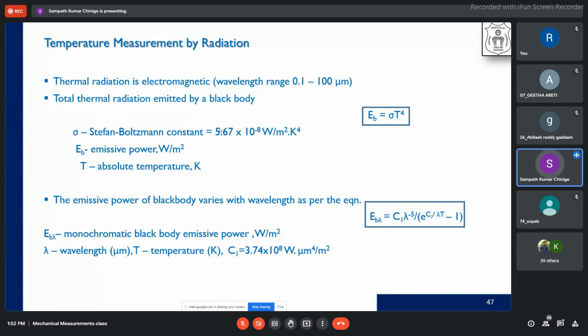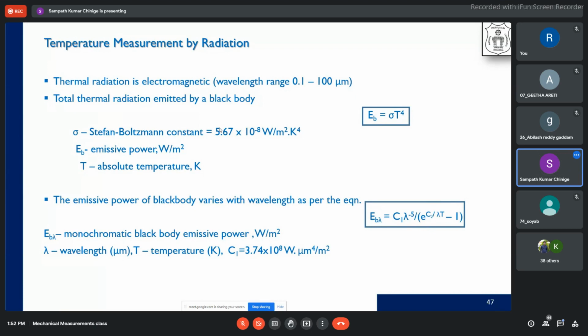Every object in the universe with a temperature above absolute zero will emit some thermal radiation, which is visible to our naked eye within the wavelength range of 0.1 to 100 micrometers. Beyond this range, our naked eye may not be able to see this electromagnetic radiation.